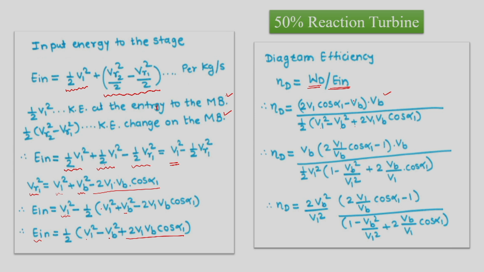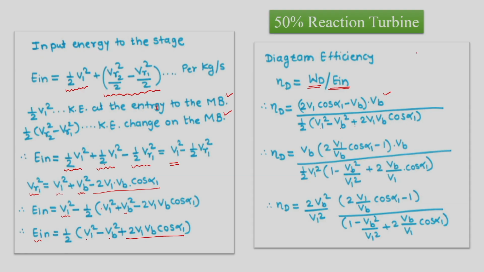We are interested in finding the optimum efficiency condition, and the optimum efficiency condition always corresponds to a certain velocity ratio, and we had earlier defined rho as the velocity ratio which is VB upon V1. So we want a ratio rho which is VB upon V1.